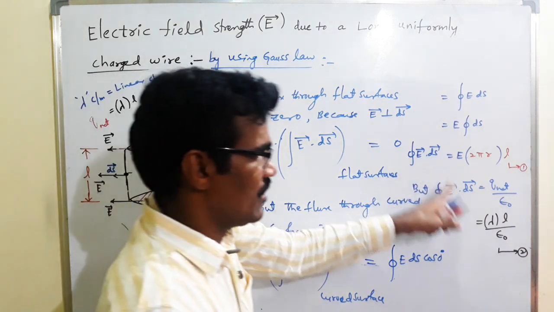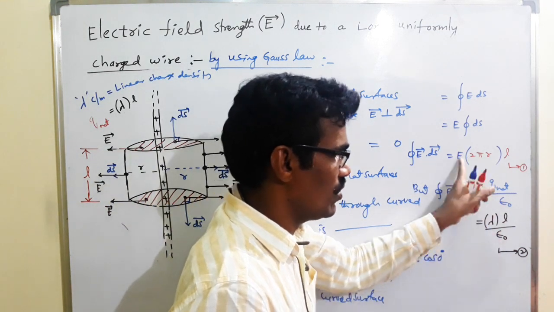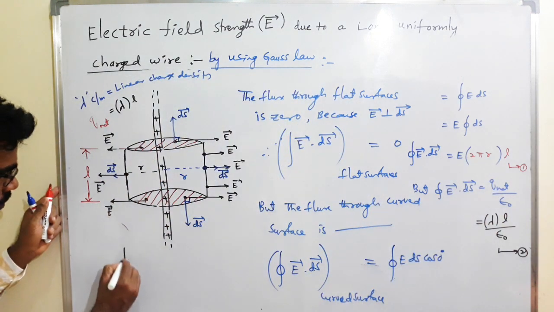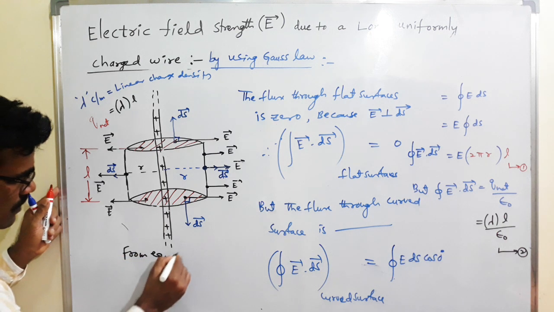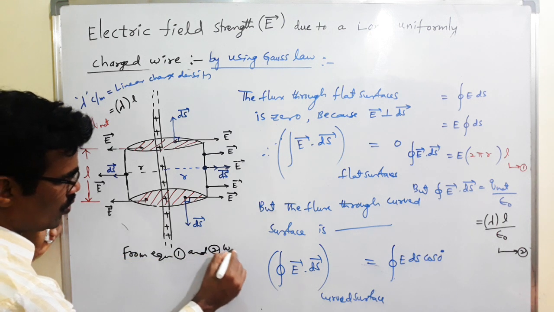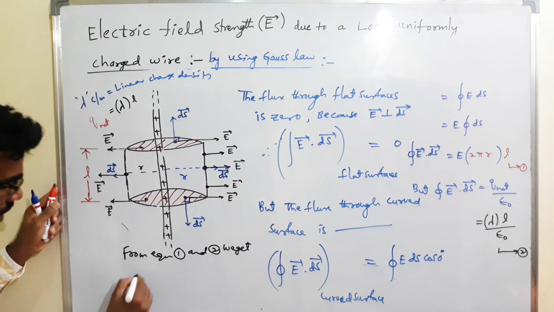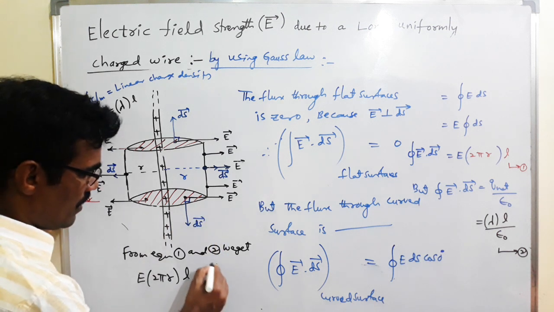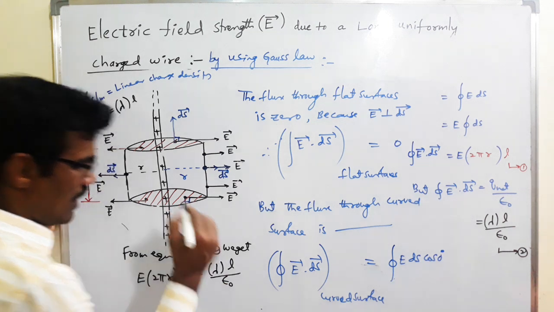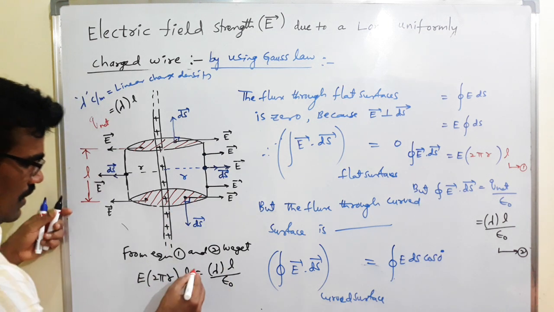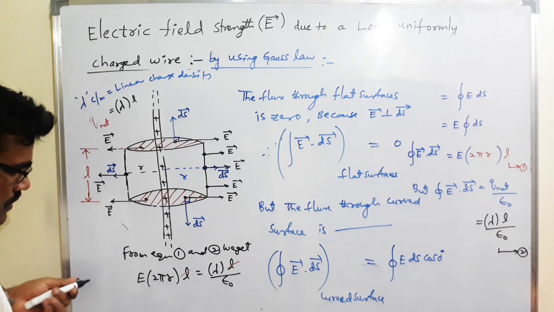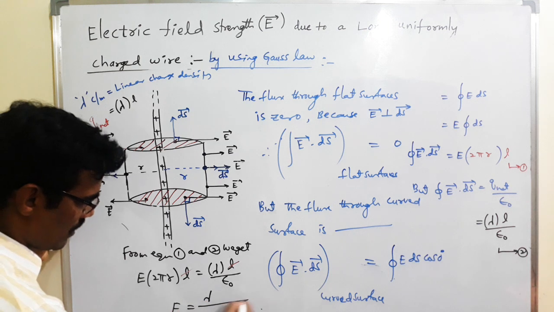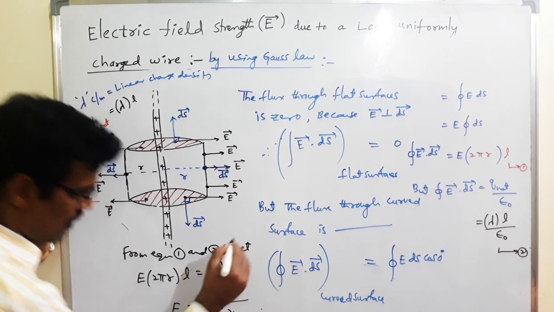Okay, up to equation 1 and equation 2. Equating equation 1 and 2, we get E into 2 pi r L equals lambda L by epsilon naught, and L cancels. So, students, E is equal to lambda by 2 pi epsilon naught r.